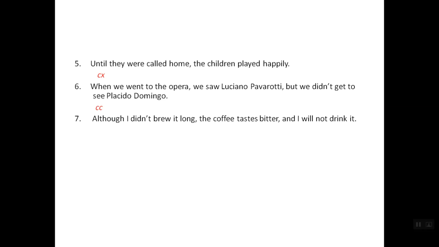The coffee tastes bitter, and I will not drink it. Here we have a compound sentence because we have and preceded by a comma. It's a coordinating conjunction. So we have 2 sentences, right? Compound. Compound what? Because we have a subordinate clause, it is a compound-complex sentence.